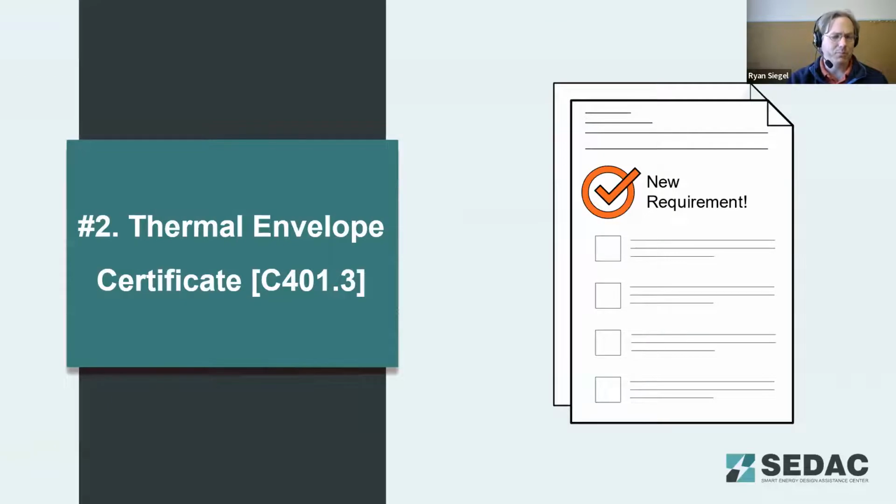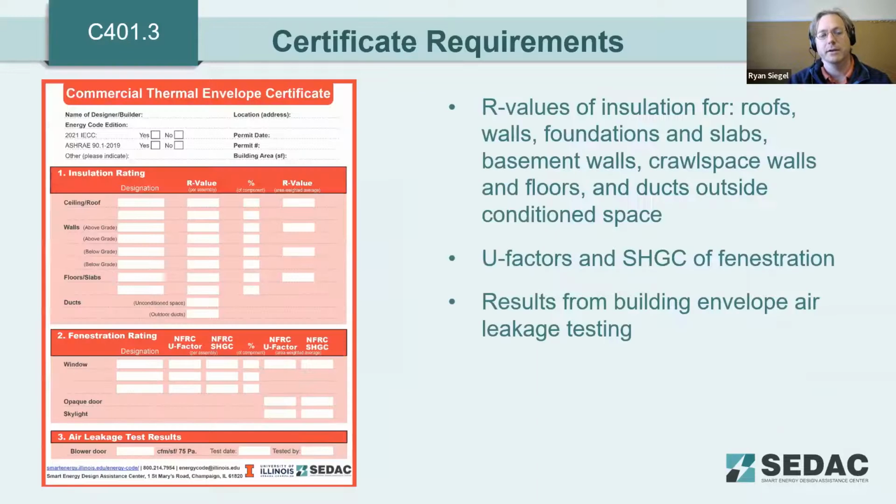So something else that is required now for commercial, which previously you may have seen in the residential requirements, is the thermal envelope certificate. We do have a form that is now available on our website. For new construction projects, you can either develop your own certificate or use the one through CDAC.